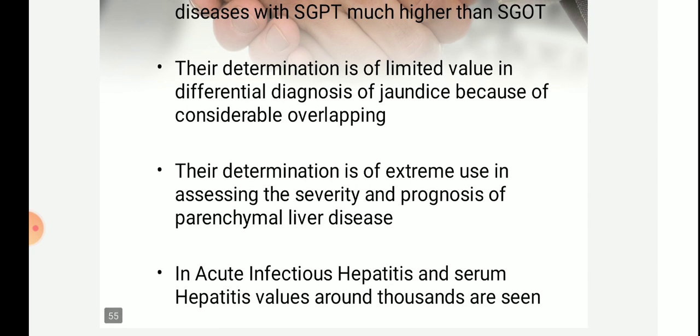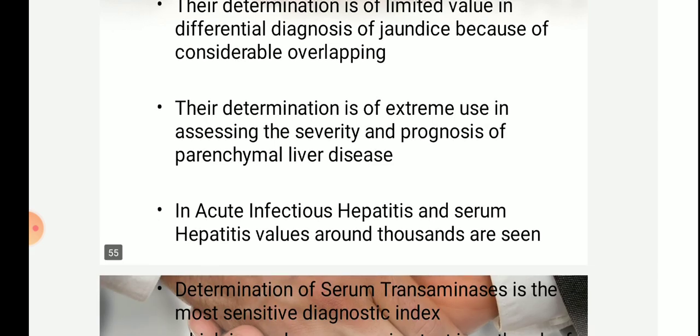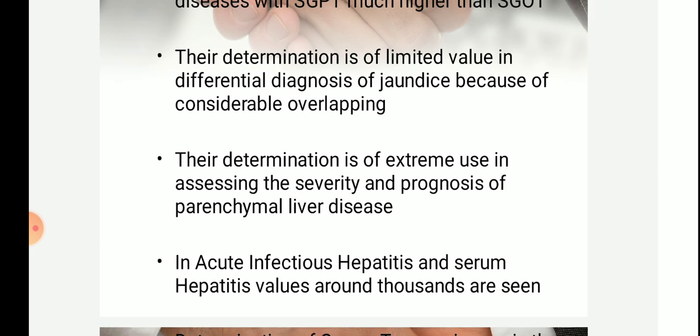Their determination is of limited value in differential diagnosis of jaundice because of considerable overlapping. Their determination is of extreme use in assessing the severity and prognosis of parenchymal liver disease. In acute infectious hepatitis and serum hepatitis, values around thousands are seen.